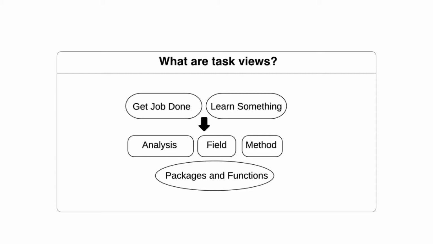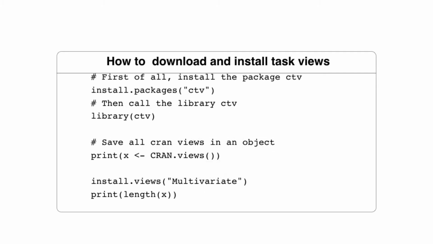to install the task views. So you have to download and install the task view. In order to do that, you have to do one thing very, very important if you've not done it before. And that is, you have to first install the package CTV.